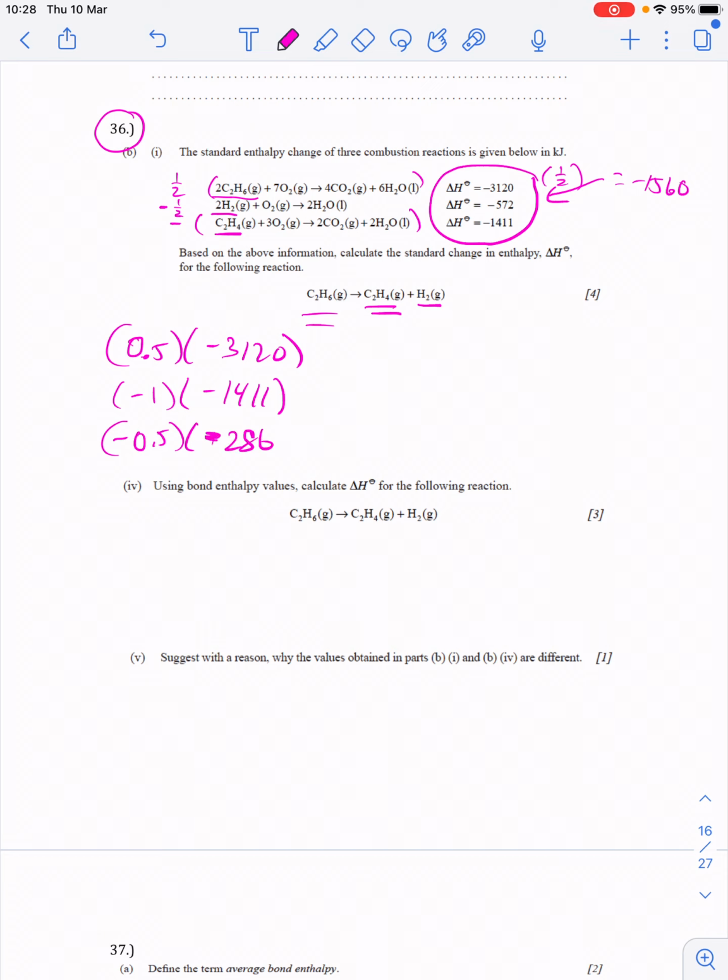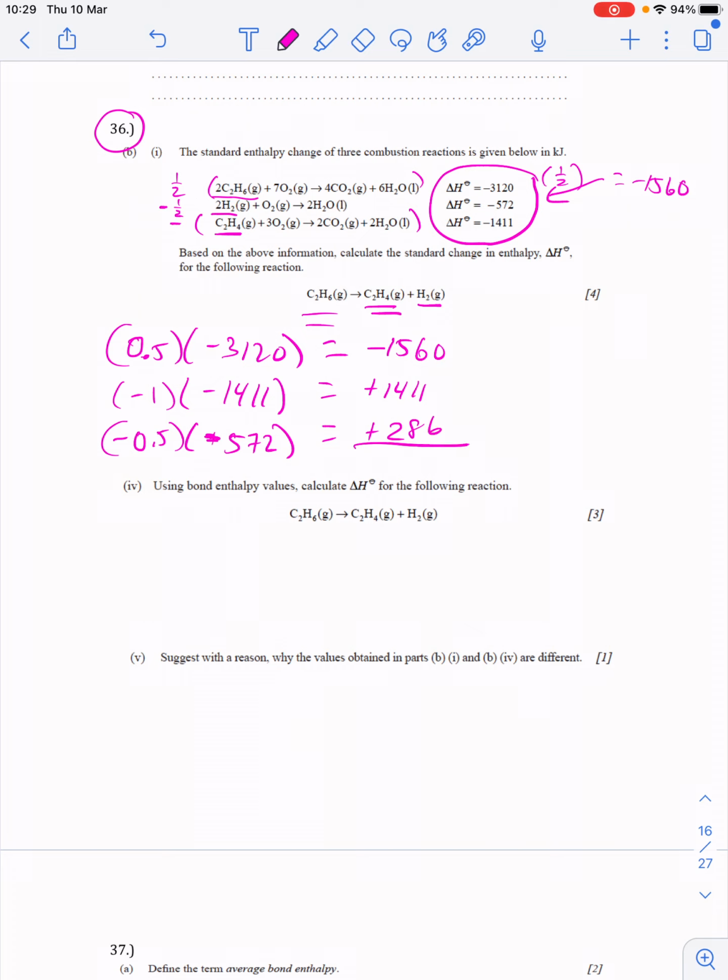Oh, I shouldn't make it positive yet. Minus 286. So if I really want to show my work, this is now negative 1560. This is now positive 1411. And I made a mistake there, so this was minus 572. That was showing what I was going to do, and then this is now positive 286.